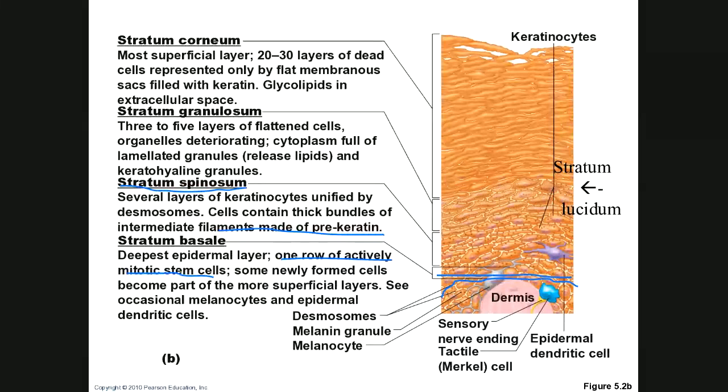The stratum granulosum, 3 to 5 layers thick, and your flattened cells, the cells are starting to die, organelles are deteriorating, and in your thick skin, you're going to have a layer of the stratum lucidum, and then the external, as you see, most of this skin is stratum corneum, 20 to 30 layers of dead cells.